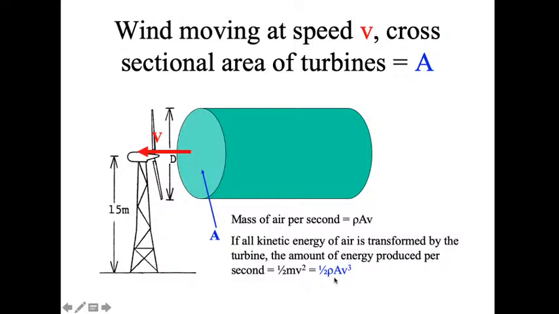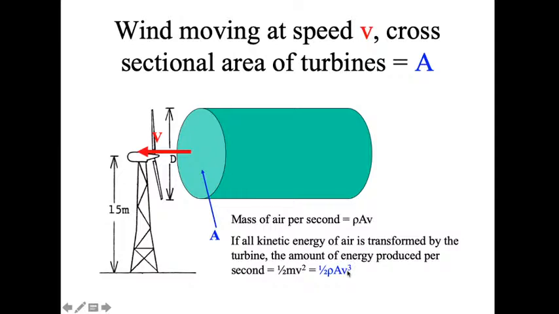The density, I shouldn't say always, they like to change up variables for no apparent reason, but here rho, Greek symbol rho, is density of the air. A is the area of our propeller or turbine, and V is the speed of the wind.